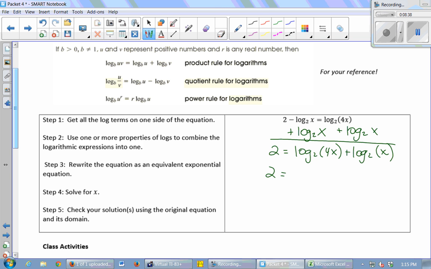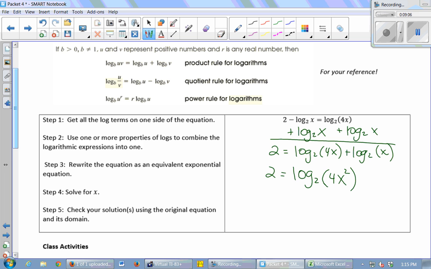Now, if you think back to our properties of logarithms day, that's an expanded form. I want to squish those 2 logarithms into a single logarithm. And how do I do that? Multiplication, yes. So I can write this as a single logarithm where I multiply the 2 inputs. So 4x times x is 4x squared.